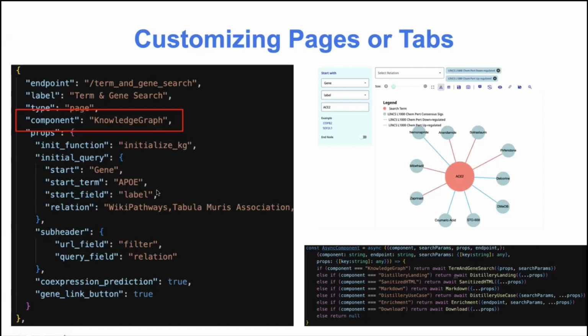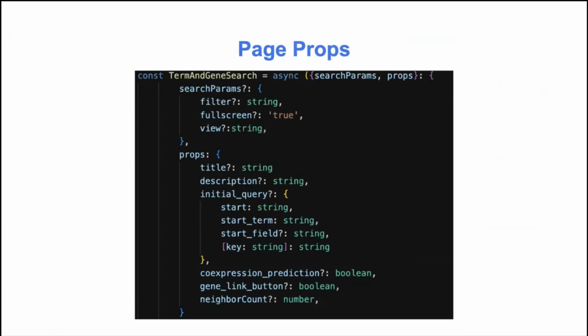The props here are actually dependent on what component you're calling. And so we will be documenting what props are needed, but it's actually also defined if you go to the components pages, it's defined what props you need and what type of variable is in that props. So we'll give a more comprehensive description of what these are.